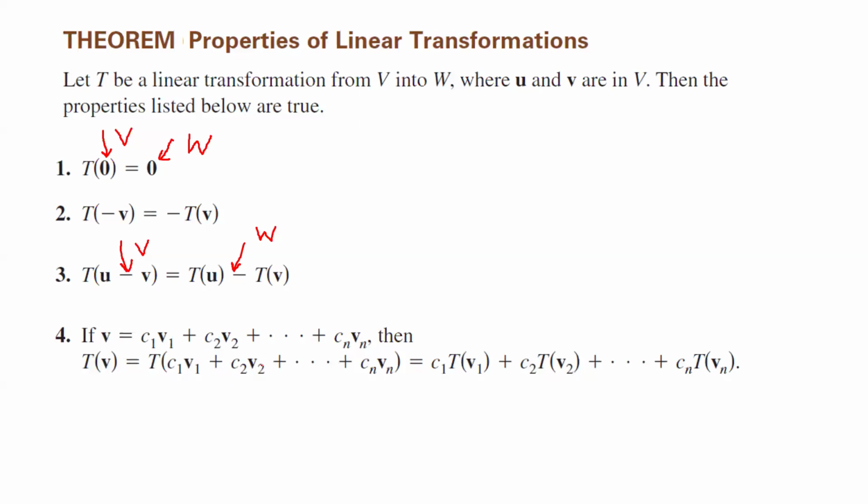T of c2 v2 becomes c2 T of v2. And finally, T of cn vn is cn T of vn. So again, it preserves the linear combination, which is very important. If you plug in a linear combination of vectors into a linear transformation, it gives you the linear combination of the transformed vectors.